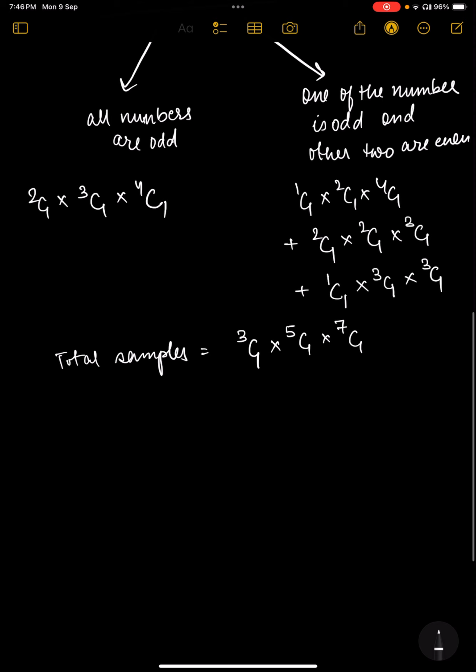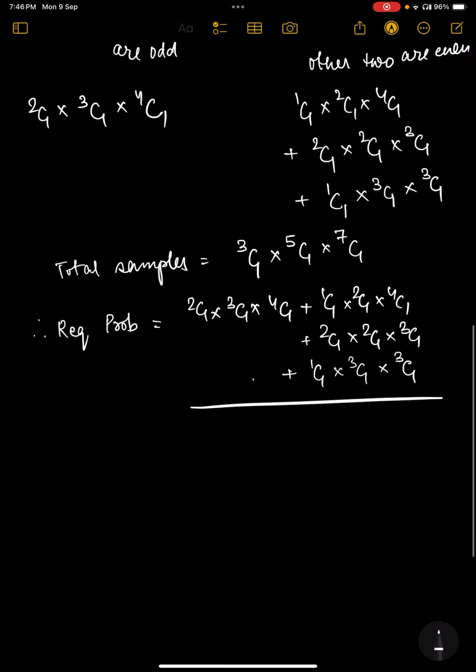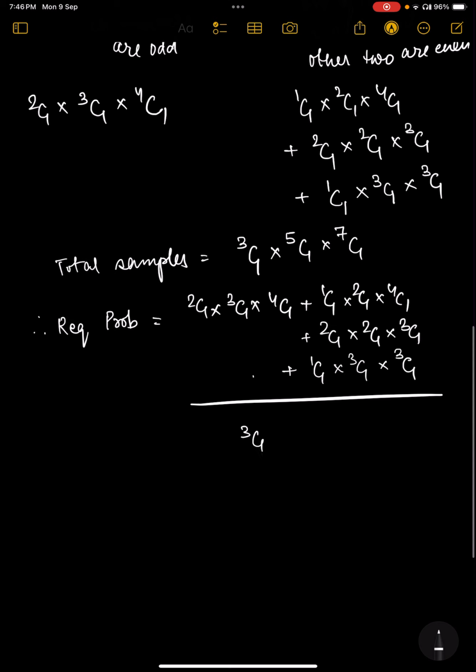Now this gives me the probability. Therefore my required probability is 2c1 into 3c1 into 4c1 plus 1c1 into 2c1 into 4c1 plus 2c1 into 2c1 into 3c1 plus 1c1 into 3c1 into 3c1, and this whole divided by 3c1 into 5c1 into 7c1.